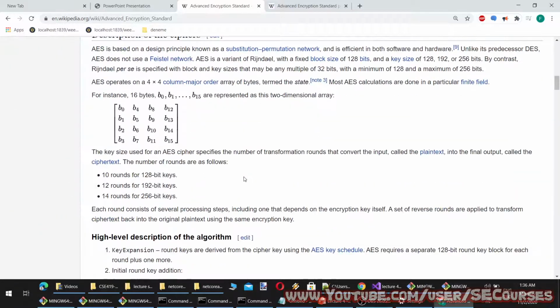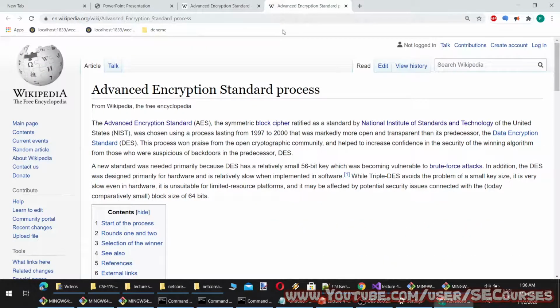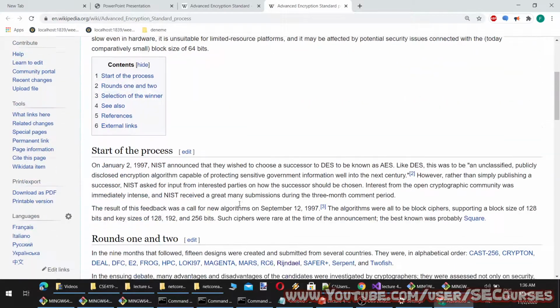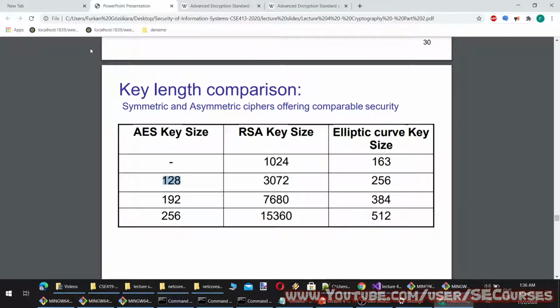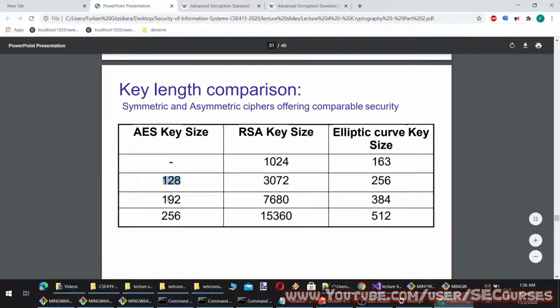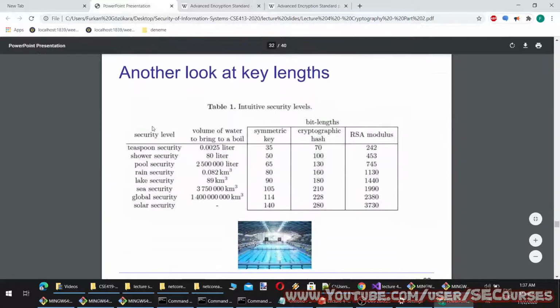Okay, so this is the now standard used, and there's also a process explaining it. If you want to know more about it, you can read it. And you see AES is the best one.